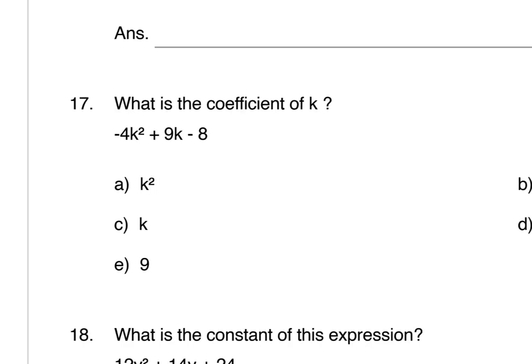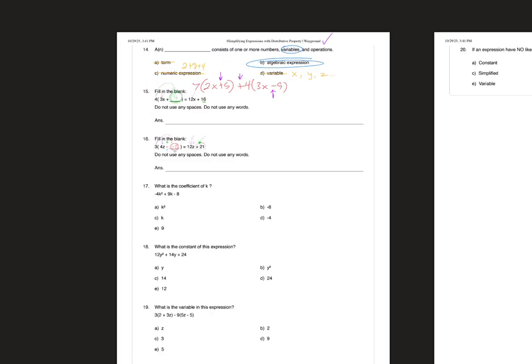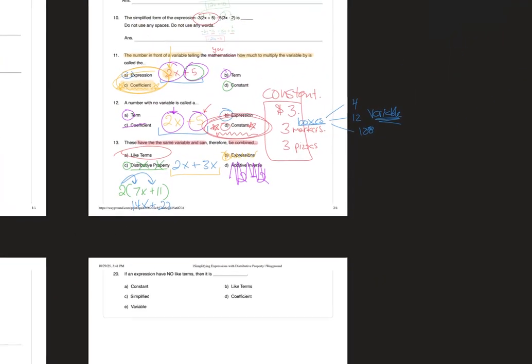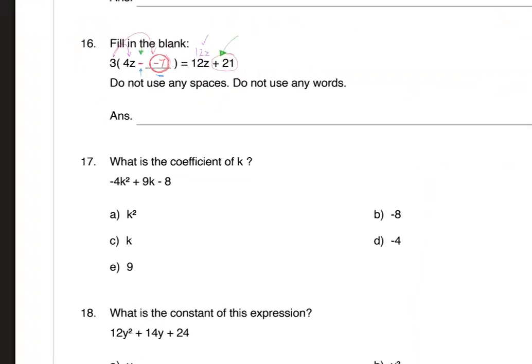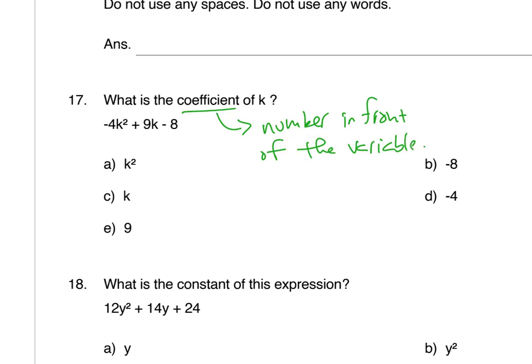What's the coefficient of k? Well, coefficient, if you didn't pick it up from all this information up here, is basically the number. So coefficient is the number in front of the variable. And what's the coefficient of specifically k?